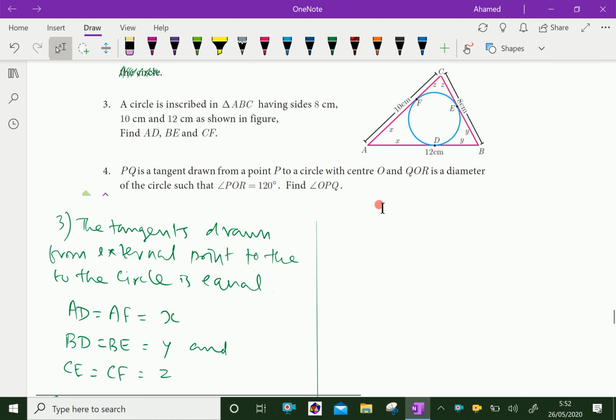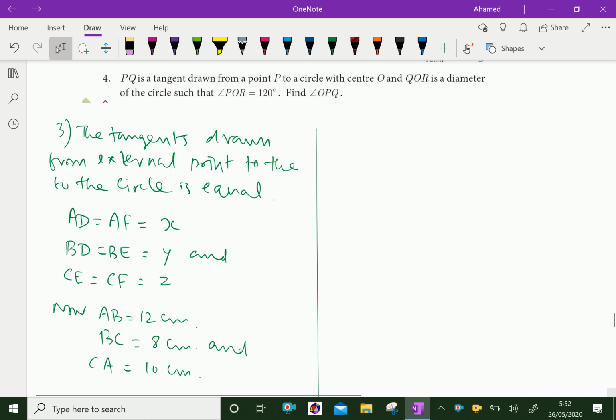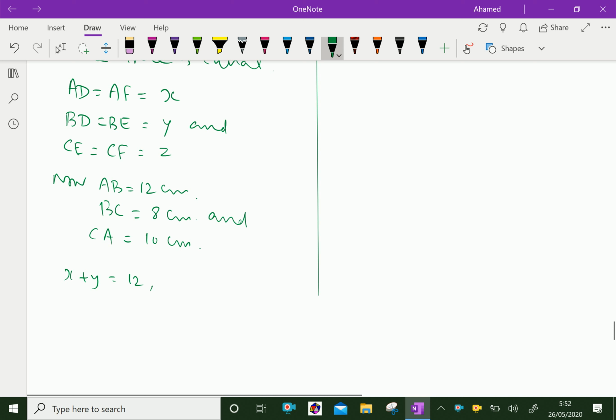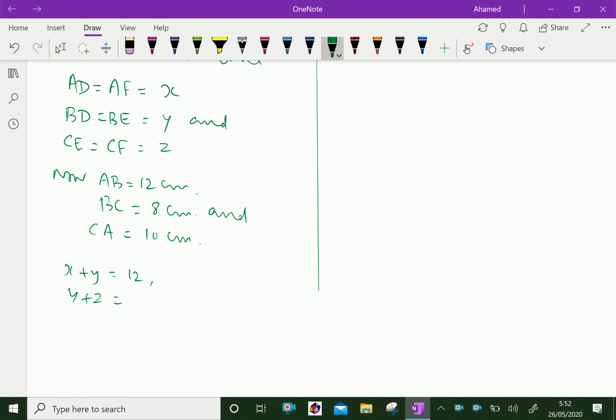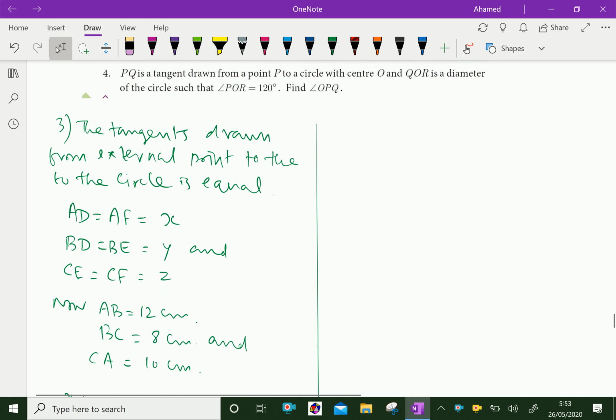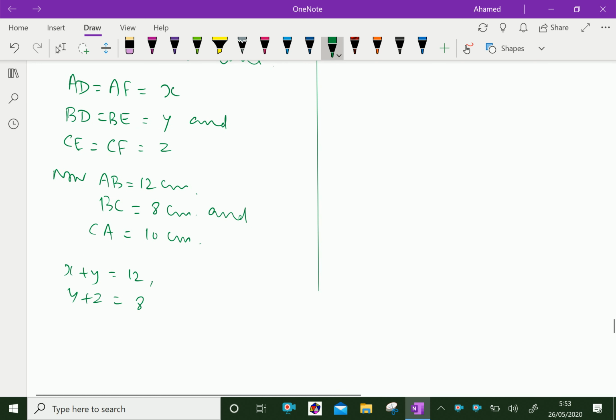Regarding the figure, AB is nothing but x plus y, so x plus y equals 12. Look at this figure. Here y plus z is 8 cm, and z plus x equals 10.